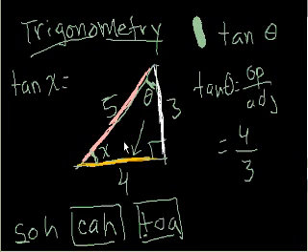Because opposite this angle is the 3 side. So we see here tan is opposite over adjacent. So opposite is 3, and then adjacent is 4. So it's interesting. The tangent of this angle is the inverse of the tangent of that angle. I don't want to confuse you too much, but I just want to show you that when you take the trig functions, it matters which angle of the right triangle you're taking the functions of.